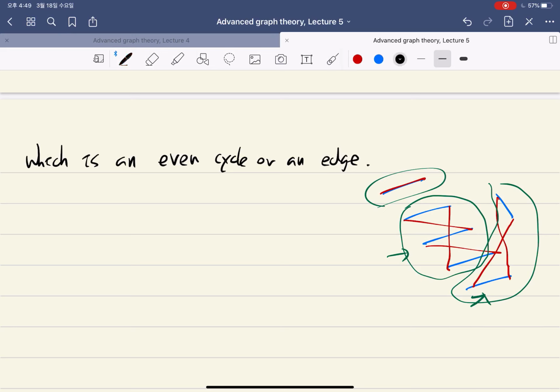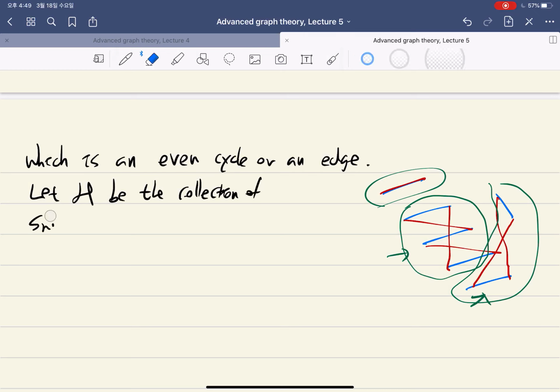So let curly H be the collection of such graphs which are subgraphs of G, and each is a disjoint union of edges and even cycles.